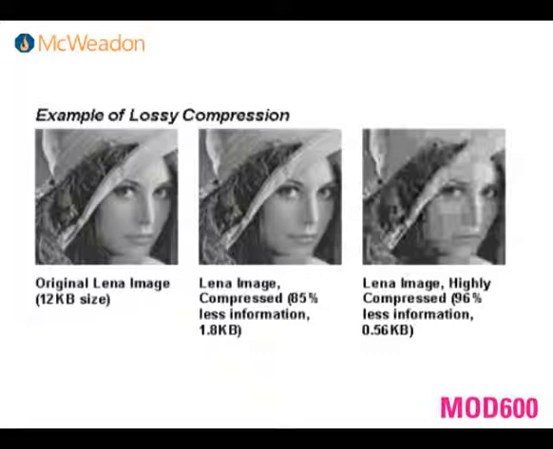Geometric images often compress better, so you just have to play with it to balance out that file size versus image quality. So that's it for today, and thank you for listening.